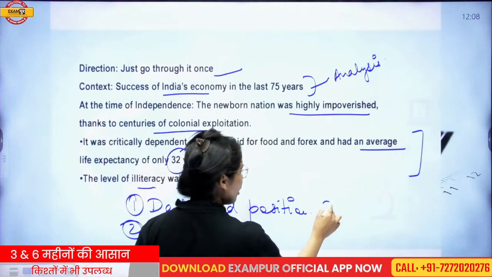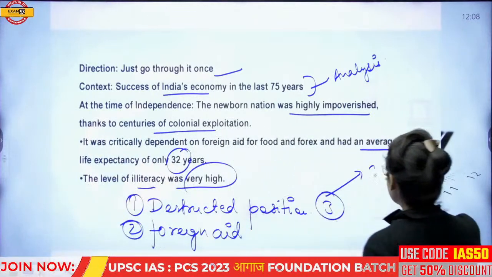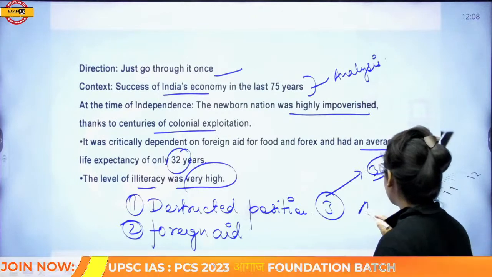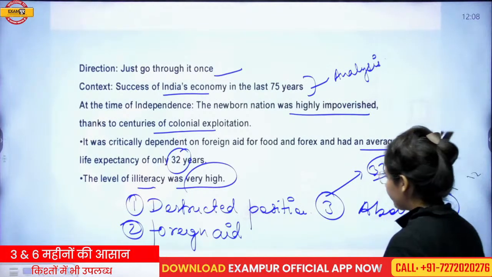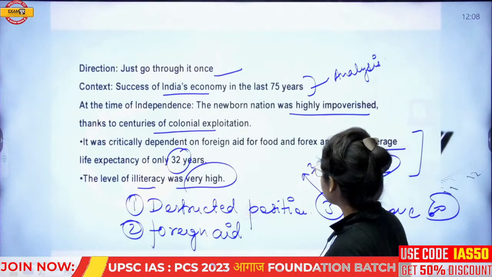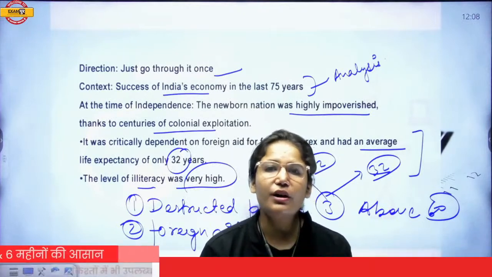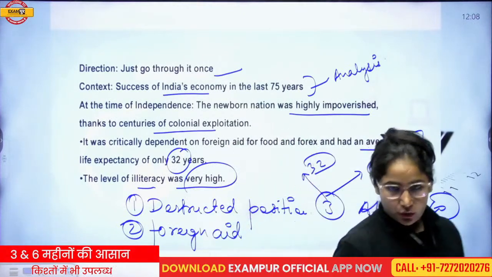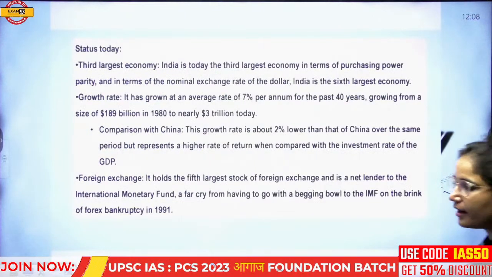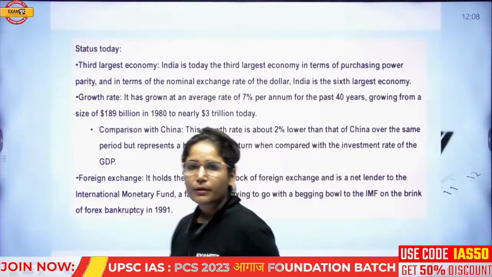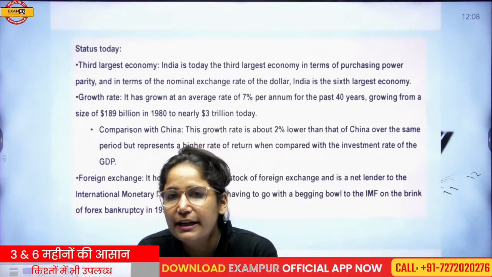And third is life expectancy, which was 32 years; now it has gone above 60. Getting my point? These were the parameters where we were at the time of 1947. So we need to make a comparative analysis of where we are now, in today's time.